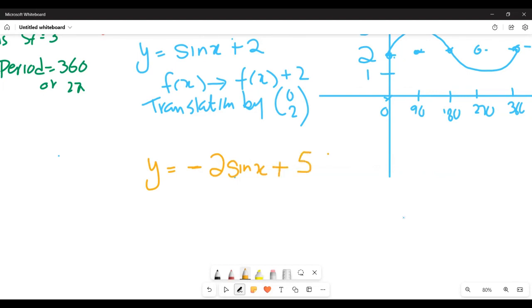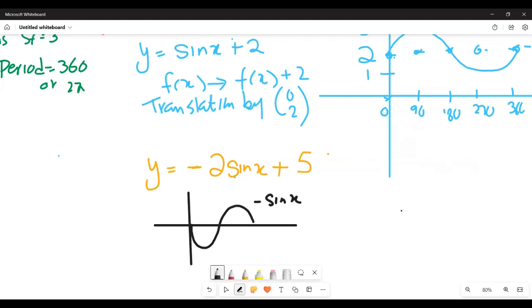A lot of transformations are acting simultaneously. First of all, this is not going to be a graph of sine x, but minus sine x. So what is the shape of minus sine x? Let's just roughly sketch it. It's a reflected graph on the x-axis, so that's minus sine x.